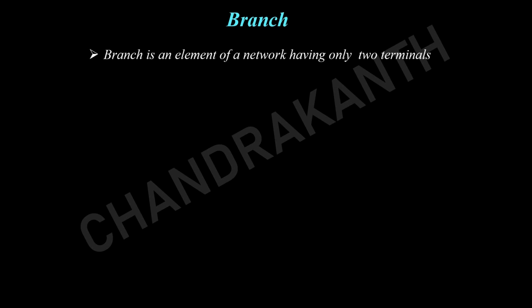Now let us see what is the meaning of a branch. A branch is an element of a network having only two terminals. For example, you can see here, this is a resistive element. This resistive element is connected between the 2 points.